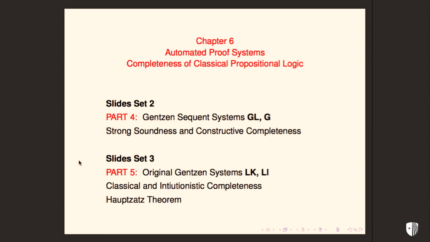And finally, in part 5, we will talk about the original Gentzen systems LK and LI, which he invented, and prove in a different way the completeness theorem for his systems. And then he proved the famous Hauptsatz theorem, which is called the main theorem, which allows us to change those systems into systems for which automated theorem proving is possible.